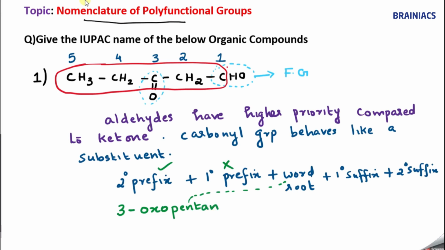Normally if there is no secondary suffix, we put an e here, but if there is a functional group, it stands for the secondary suffix. The secondary suffix of aldehyde is al. So at first position, pentan-1-al. Either you can say 3-oxopentanal or 3-oxopentan-1-al.